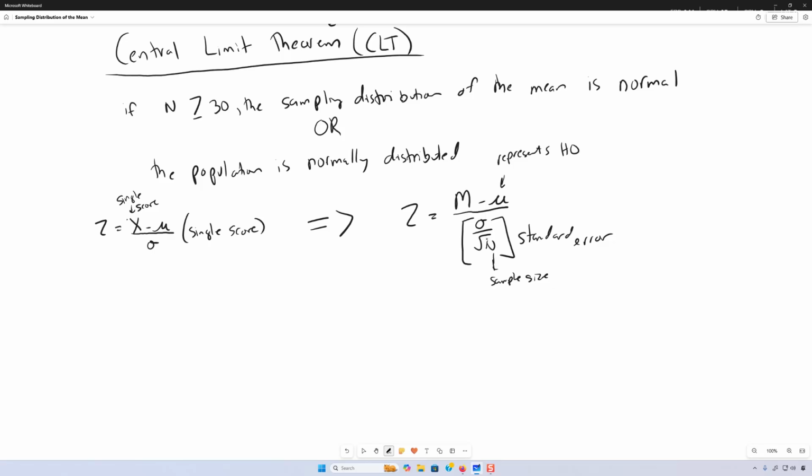So the goal here is to drive up the sample, or reduce sigma, the variability in the population, which is kind of out of your control because it's the population. Or make sure the sample mean is way different than the population mean that represents the null. The easiest one to control here is n, just to increase sample size. If you increase sample size, you reduce the denominator and you make z larger, and you give yourself a better chance of rejecting the null hypothesis.